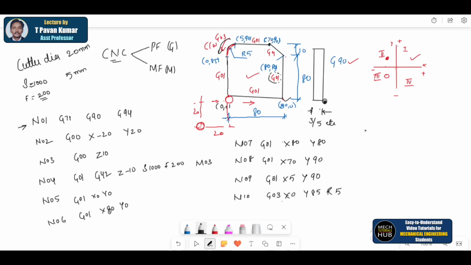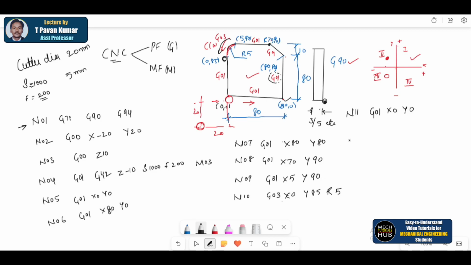Alright, one more thing, next block N11, where G01 again. Now from here the tool should reach the origin again, X0, Y0. It reaches the origin.